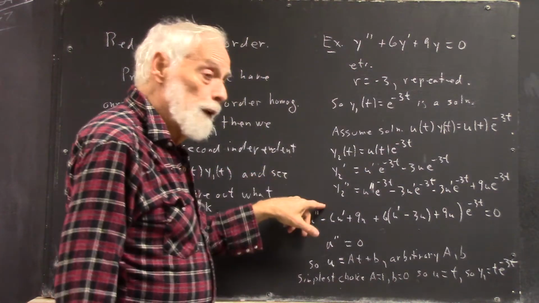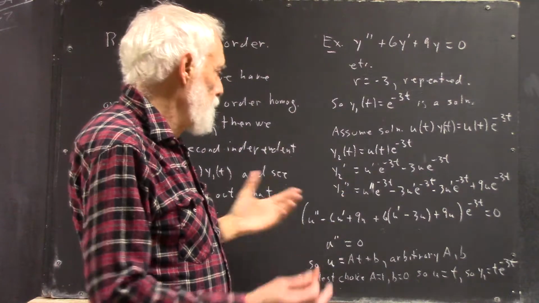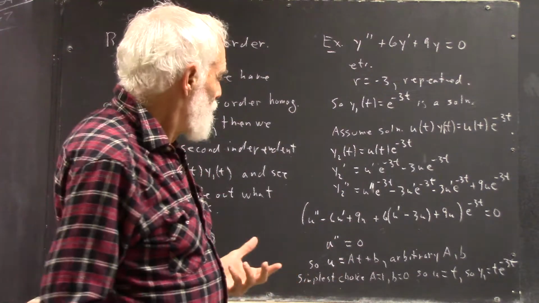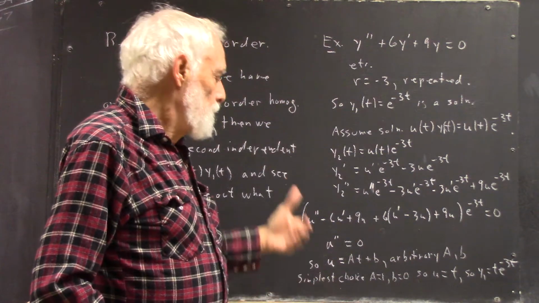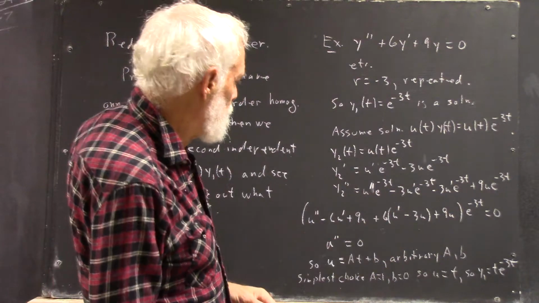We take its derivatives, and that's very straightforward. We did something very similar to this when we developed variation of parameters. Now, usually we do reduction of order before variation of parameters. It's just we happen to get variation of parameters first.